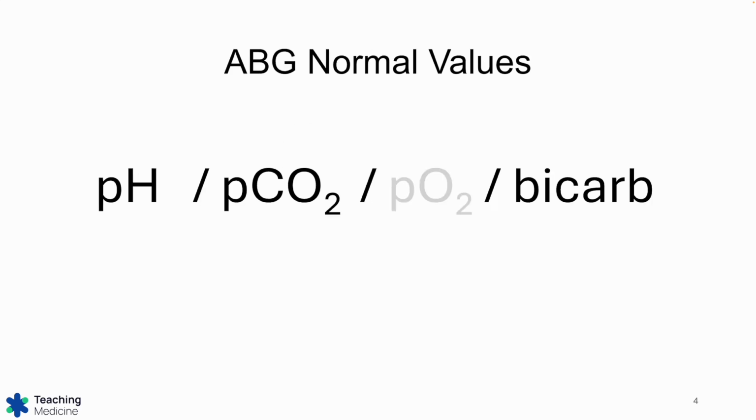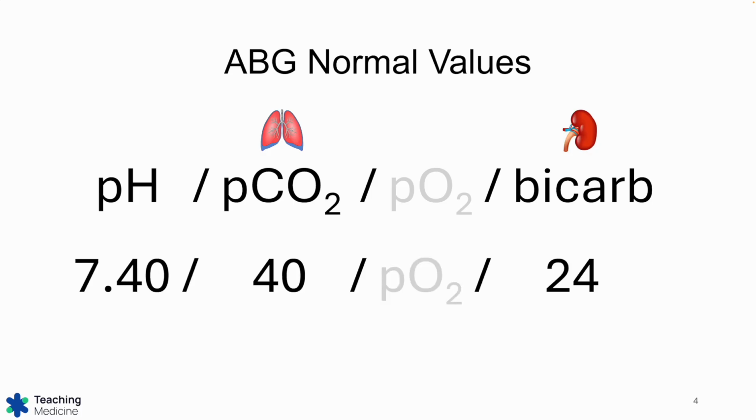When an ABG is written down, it's usually written with the pH and then a slash, the PCO2, the PO2, which we're going to ignore for now, and the bicarb. Remember, the PCO2 is respiratory, the bicarb is metabolic, and the normal values are pH 7.40, PCO2 40, and a bicarb of 24.